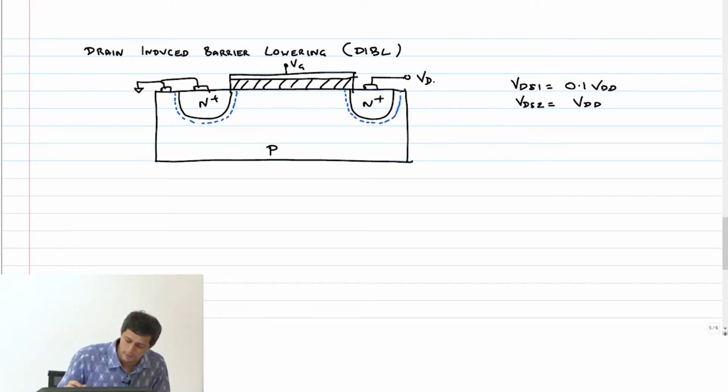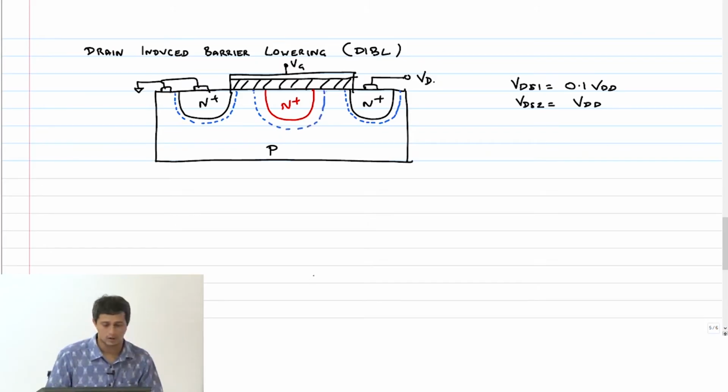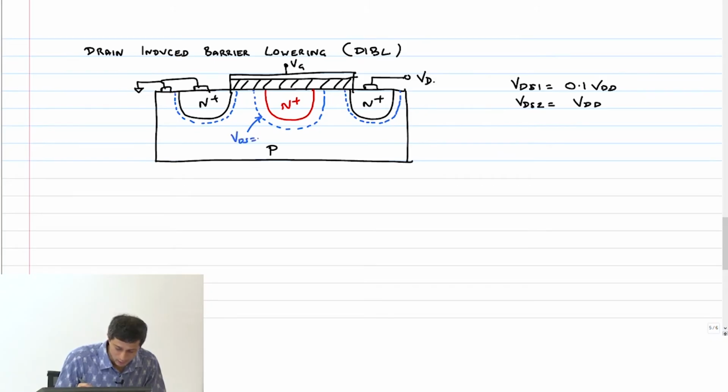Of course, now if I bring this really close, and make a short channel device like this, N plus, then this depletion region can look like this when VDS equals VDD, and look like this if VDS equals 0.1 VDD.